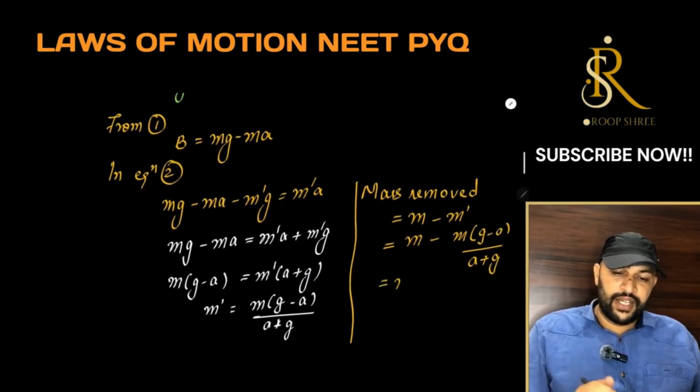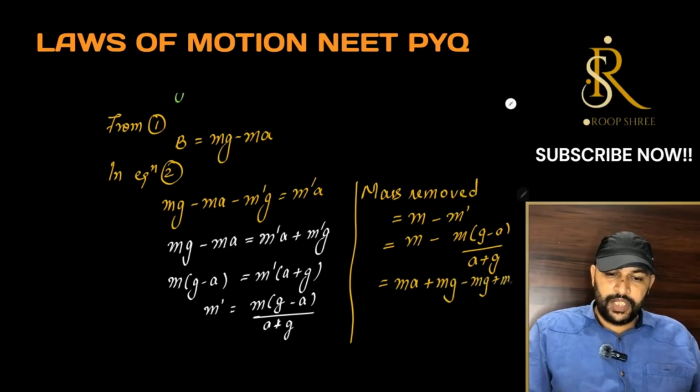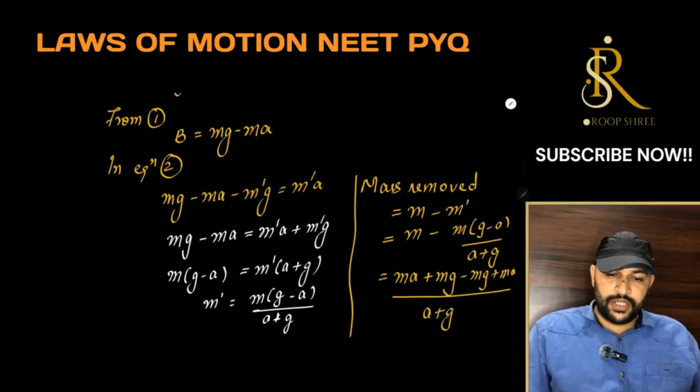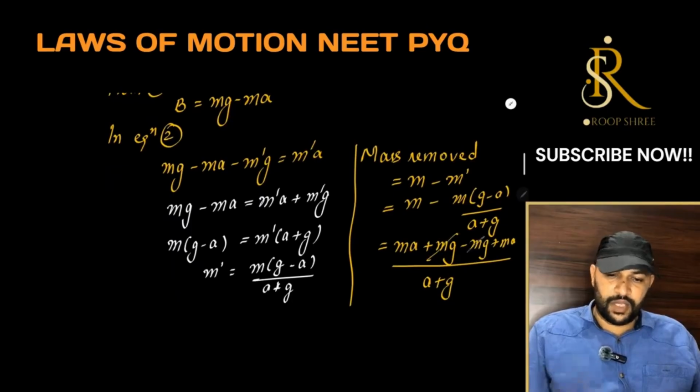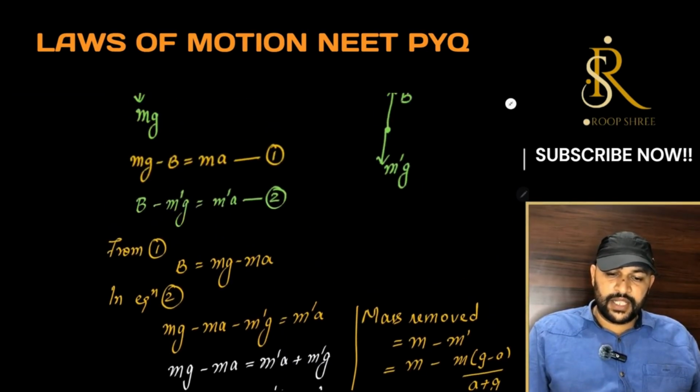Let's simplify it. Cross multiplying gives ma plus mg minus mg plus ma, all divided by (a plus g), or g plus a, whatever you want to call it. Let's cancel out mg with mg, and you are left with 2ma divided by (a plus g). This is the mass which we have to remove.